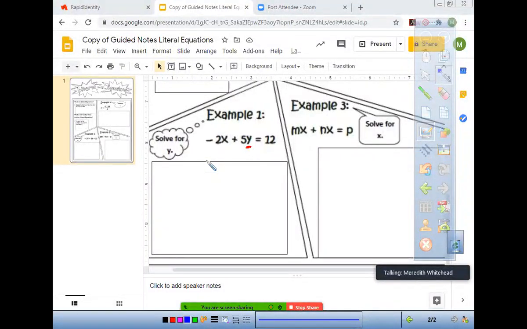How am I going to move the minus 2x to the other side? Plus 2x, yep. So we're going to add 2x to both sides.